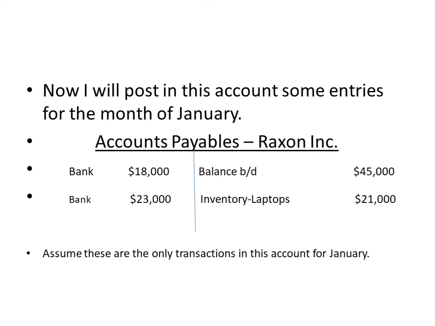So I'll post some entries to complete this account. I got some transactions coming from the bank, which means the payments that have been made to Rexon, and also some purchases of laptops are recorded on the credit side of the account. So we assume that these are the only entries in this account for a particular month.